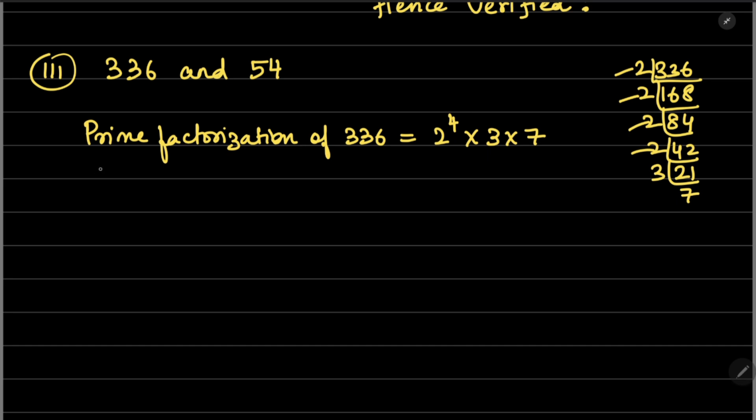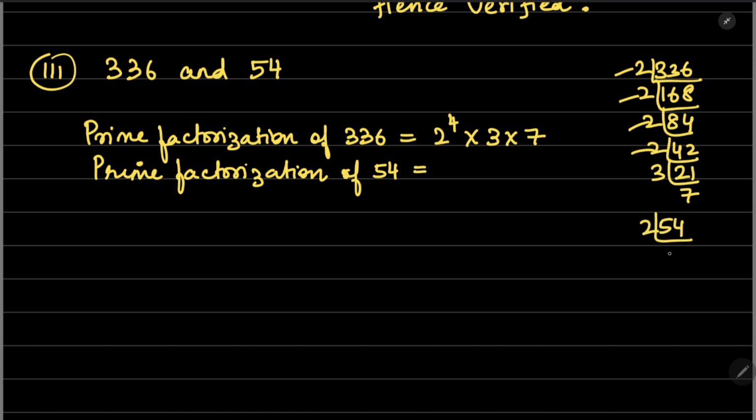Okay, and the prime factorization of 54 is nothing but, so 54 start with 2, 27 and then 3, 9, again 3, 3. So it is 2 multiplied by 3 cube, right?